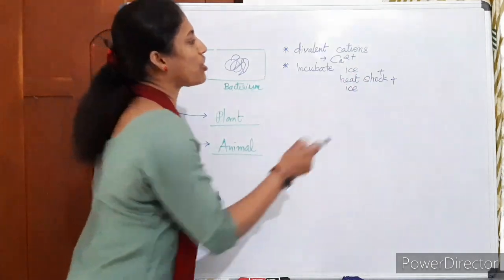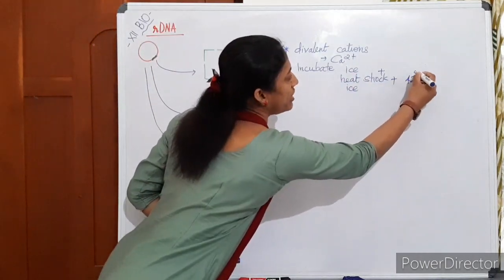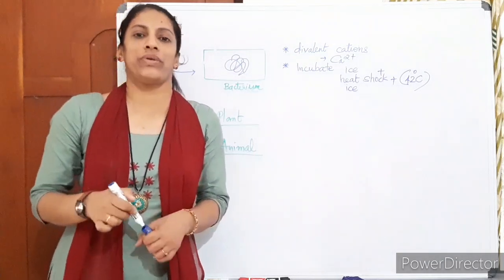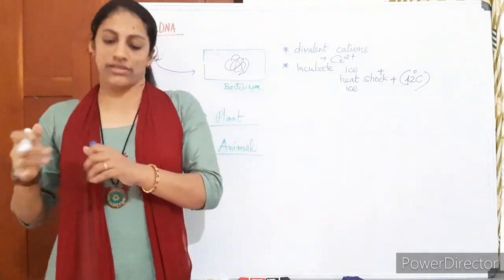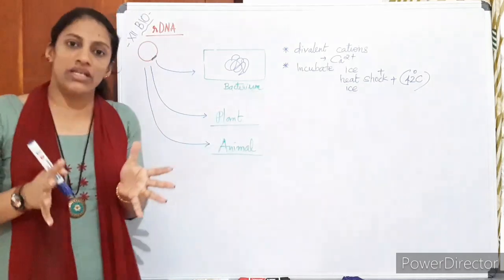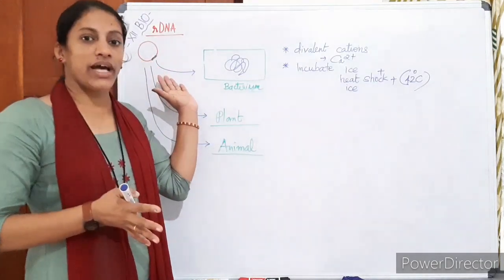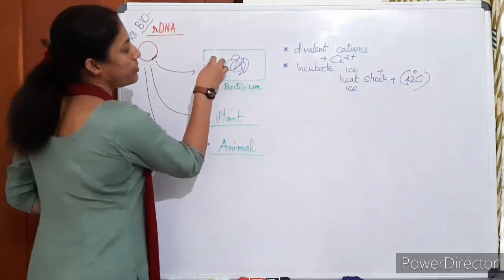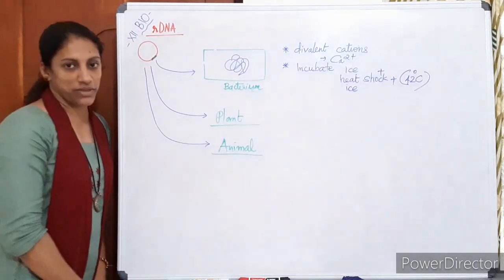Then a small heat shock of 42 degrees Celsius is given, followed again by ice incubation. Ice, heat shock, ice: such incubation makes the rDNA enter the bacterial cells, and it is then inside the bacterial body.